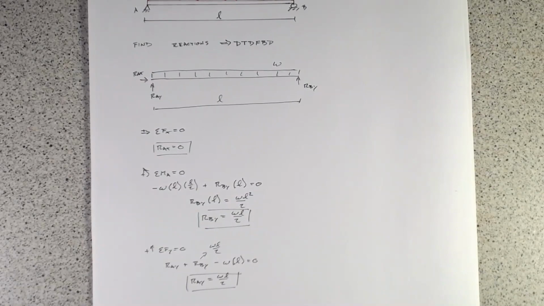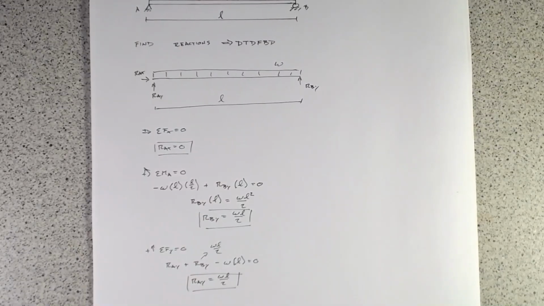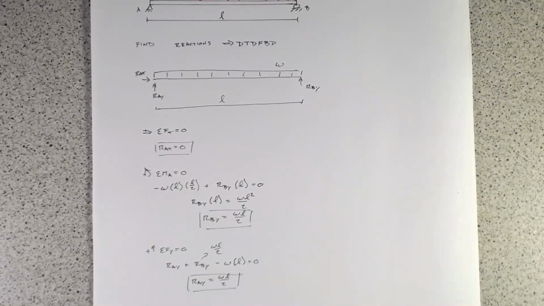So whenever we do a problem like this, we want to take a moment and do a "does this make sense" check. And it should. So if we redraw the free body diagram of the beam, and we'll do our forces in red here, just to make them show up a little bit more vividly in the video.